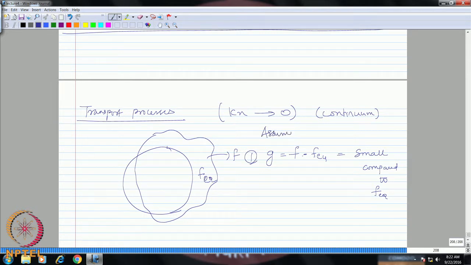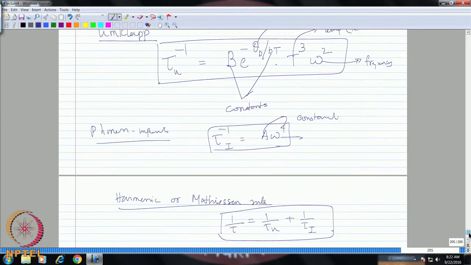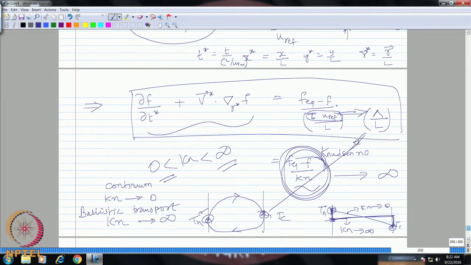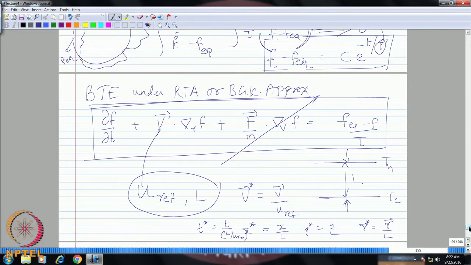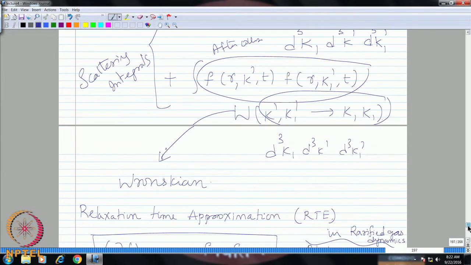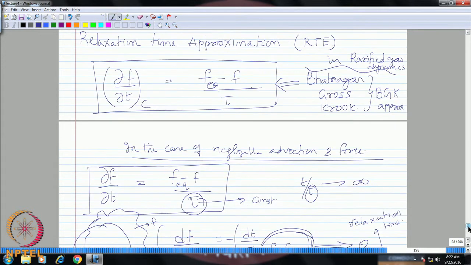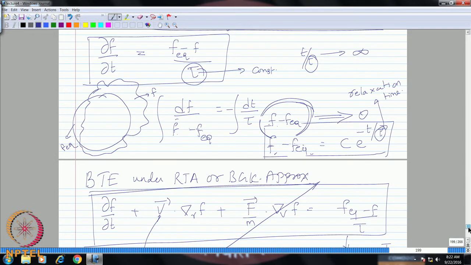So, as you can see, we cannot directly solve the BTE. If you look at the nature of the Boltzmann transport equation, okay, we cannot find a direct analytical solution to this. So, we have to make certain assumptions under which we can try to find the analytical solution.